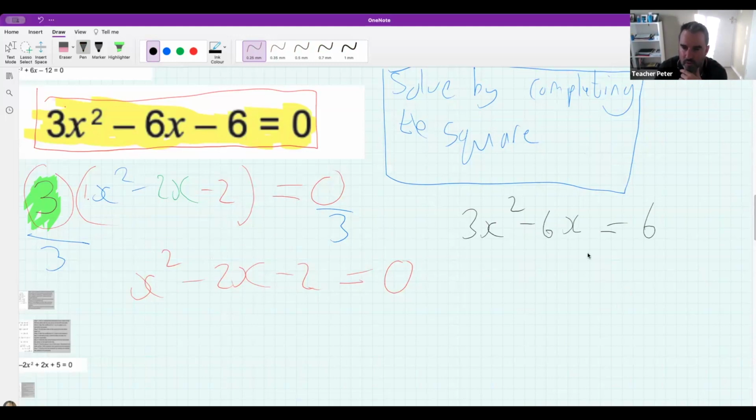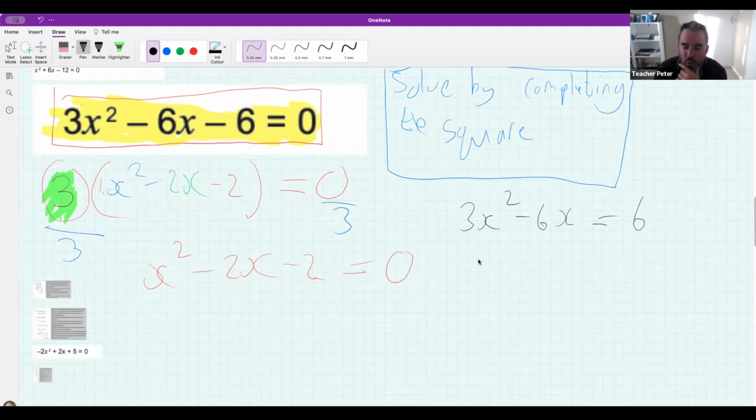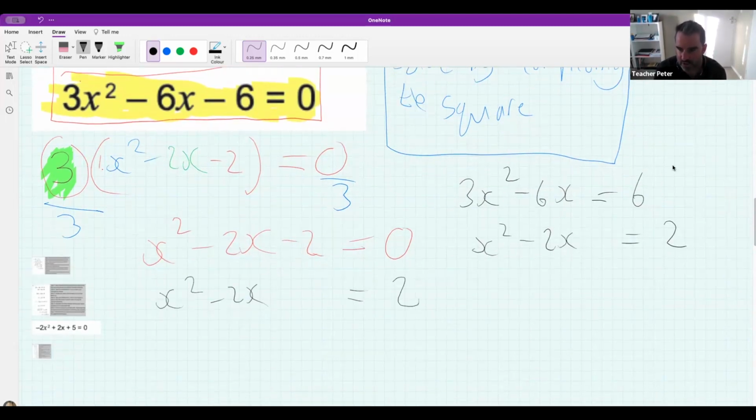Then basically we divide everything by 3 since we need the coefficients to work. So then you'd get x squared minus 2x equals 2. Is it fine if we do that? Perfect, because you know what's going to happen in the next step here? I'm going to bring the 2 across and life is good. Absolutely perfect. Thank you, sir.